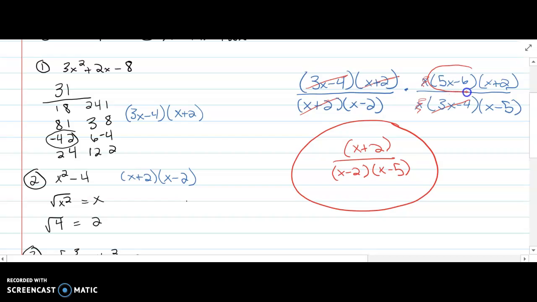I almost forgot about this 5x minus 6 in here. So we have 5x minus 6, x plus 2, and then x minus 5 here. So we should have a 5x minus 6. Okay, now here's our answer. Okay, so it may help to circle, highlight the ones that you couldn't cancel. And there's my answer.